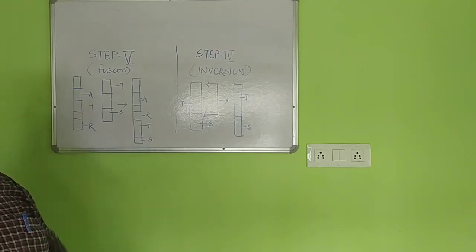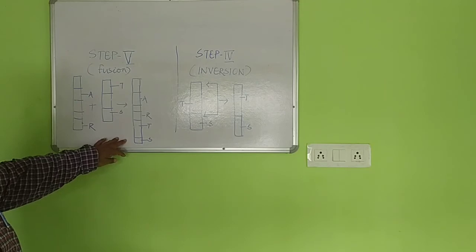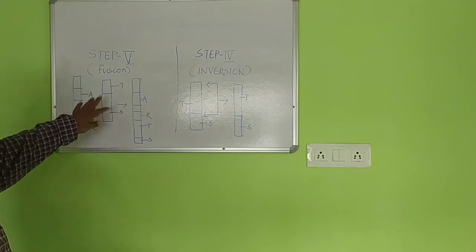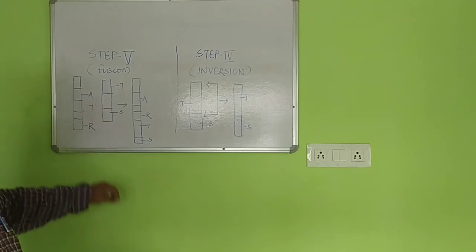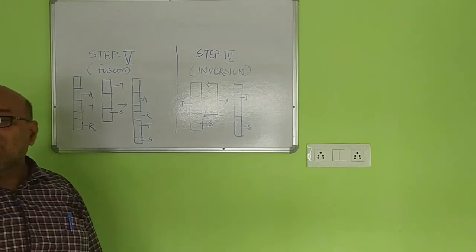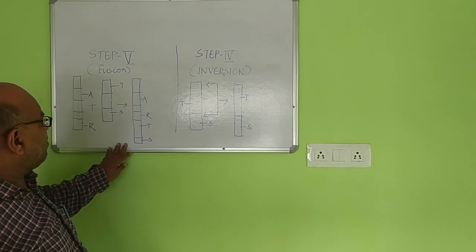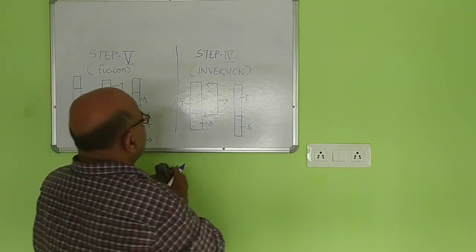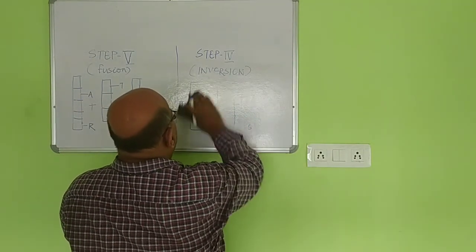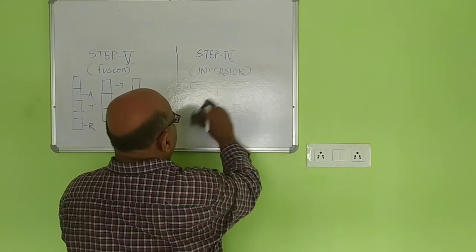Then lastly you find the S in there. And those segments you have seen by the union, the fusion, of the two different fragments. And this is the product at the end of step 5. Then come to step 6.